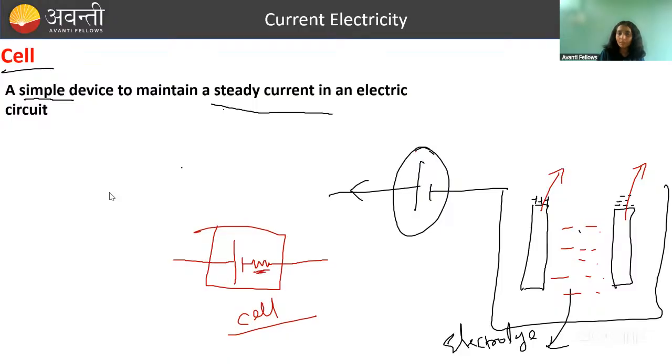And this small resistance R is the resistance getting offered by the electrolyte. ठीक है, so cell will have what? Positive, negative electrode and its internal resistance. But this much we need to have in our head for physics.